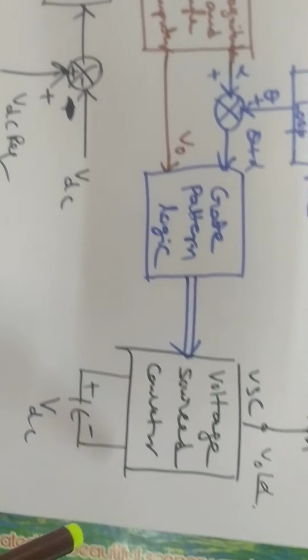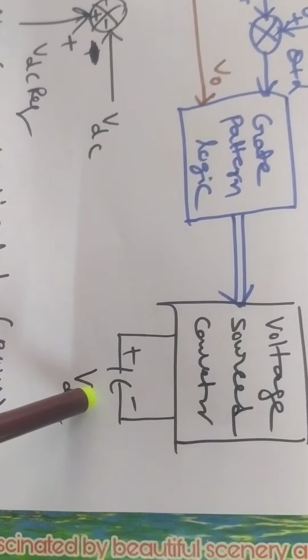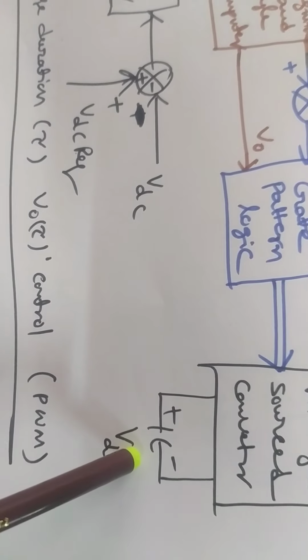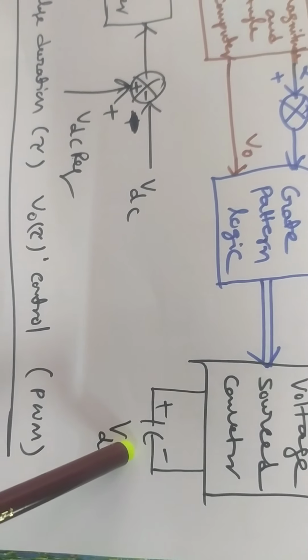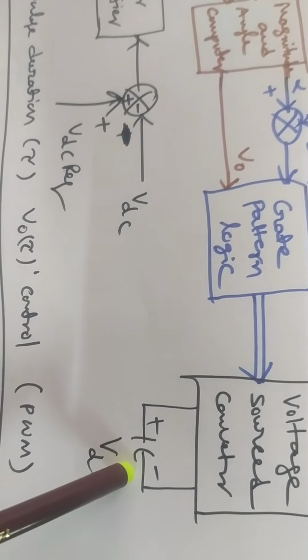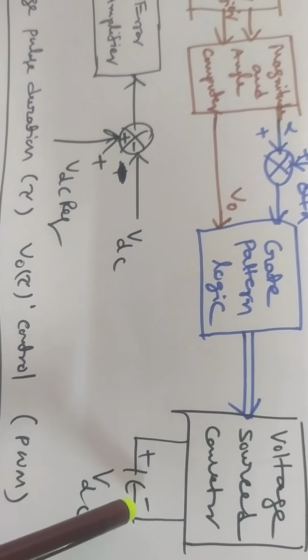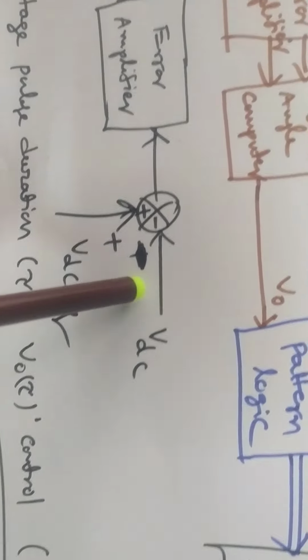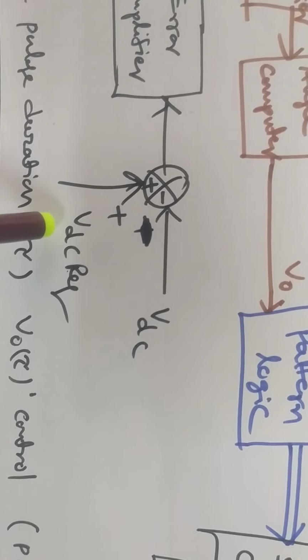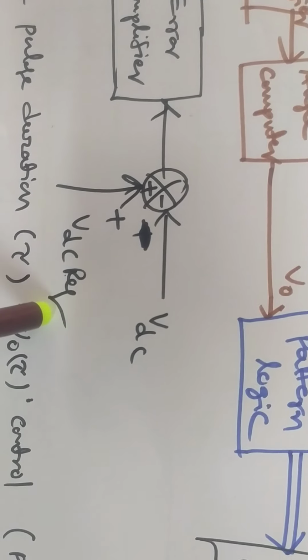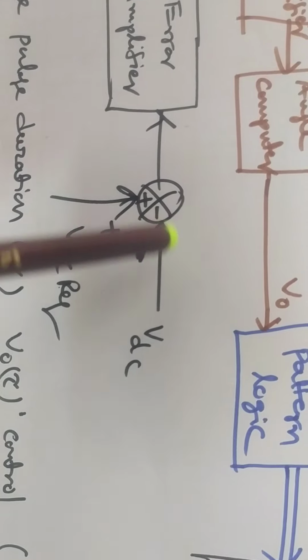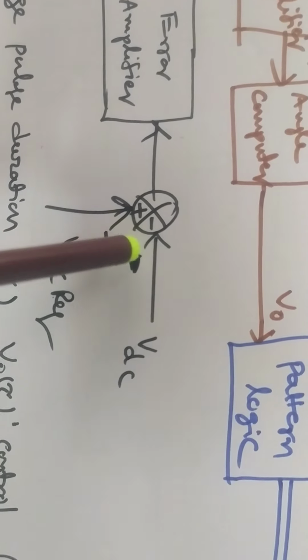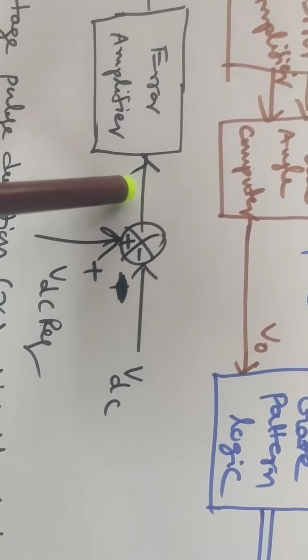Here DC voltage is kept constant for the PWM control. First one, PWM control. So therefore VDC is constant. So this VDC is compared with the VDC reference. So VDC is negative, VDC reference is positive. The error signal is generated.